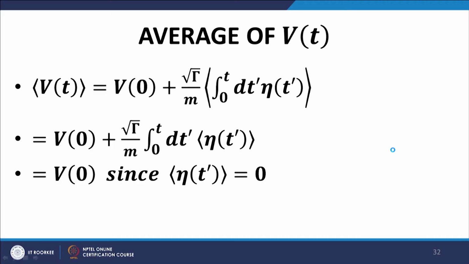The average, which we represent by angular brackets as is usually the case: we have V t is equal to V naught plus this thing. Now, V naught is not stochastic, it is deterministic. Under root gamma upon m is also a constant, so it can be taken outside the averaging process, and the averaging is confined to the integral of eta t.